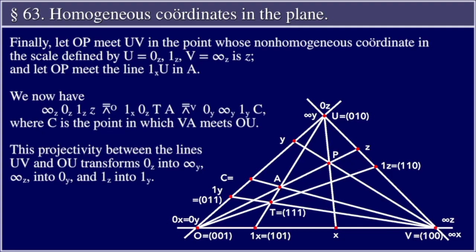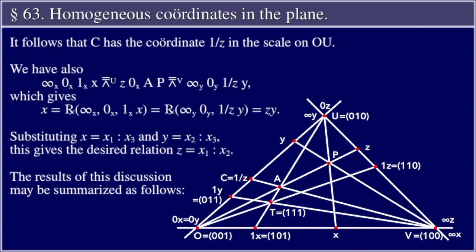This projectivity between the lines UV and OU transforms 0_z into ∞_y, and ∞_z into 0_y, and 1_z into 1_y. It follows that c has the coordinate 1/z in the scale on OU.